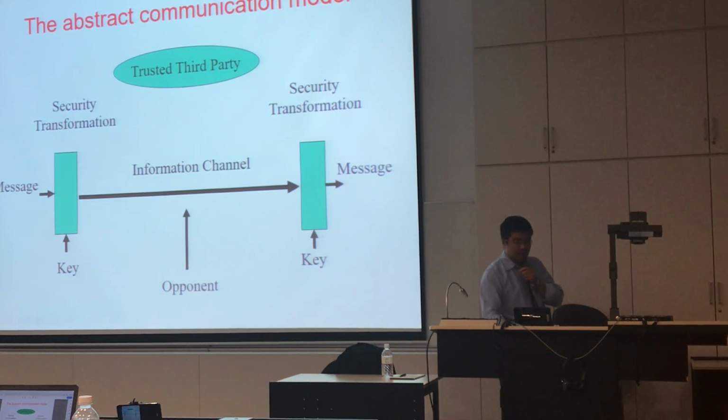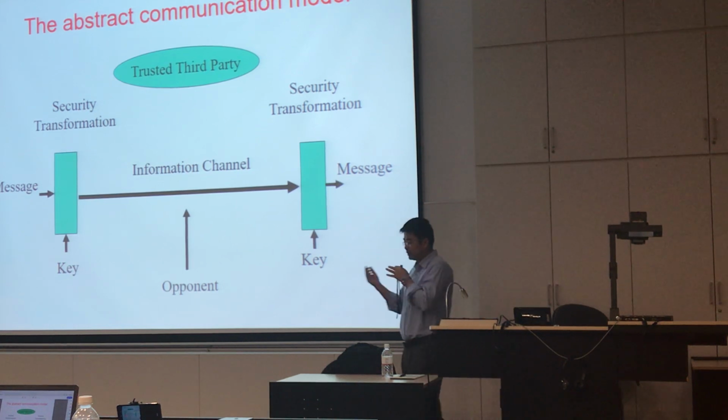If Alice and Bob want to make a secure connection, they need to establish a key to protect the communication. However, they don't have a shared secret beforehand. So how to establish this key?